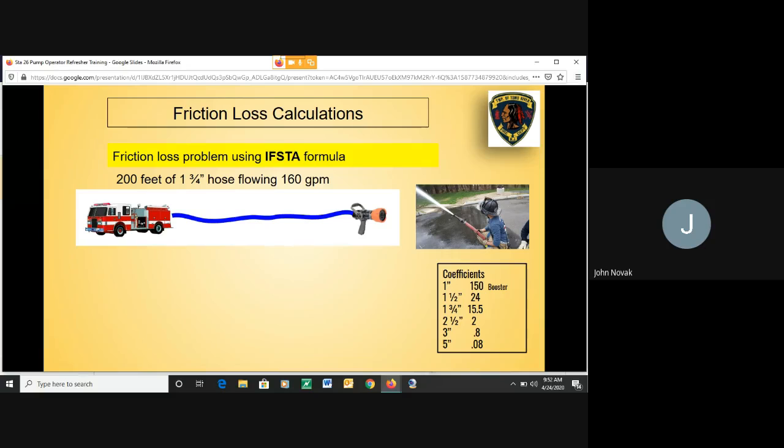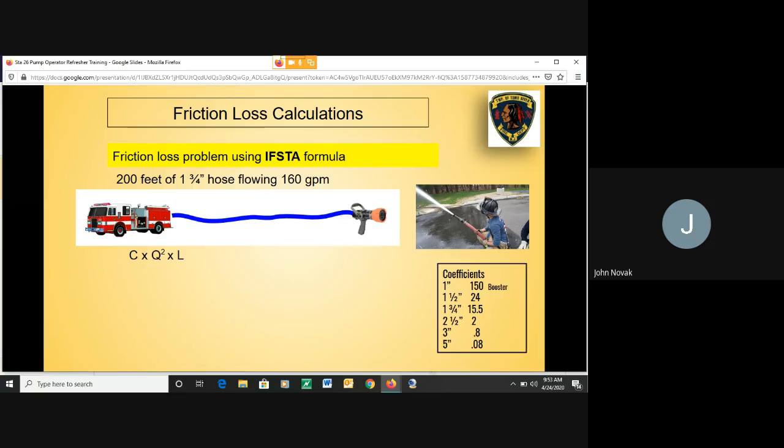All right, so we're talking a little bit about friction loss calculations. If we look at the IFSTA formula for friction loss, this is an example of our 1 3/4 hose flowing at 160 GPM. We use a coefficient formula with IFSTA. It's usually the coefficient times the gallons per minute squared times the length of the hose line.